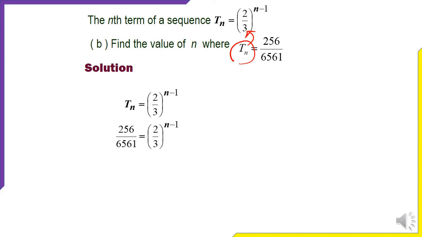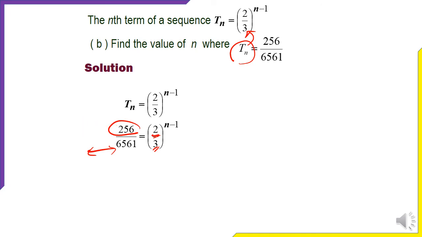Because this is 2 and this is 3, we can change this into base 2 and this one to base 3. Or if we cannot do that, we can apply log on both sides.